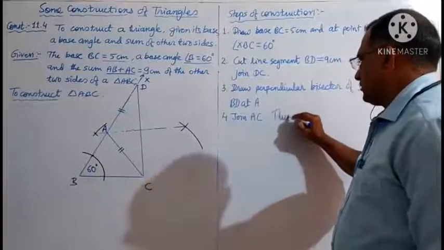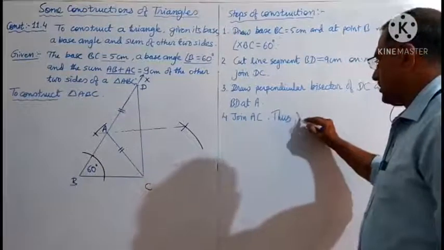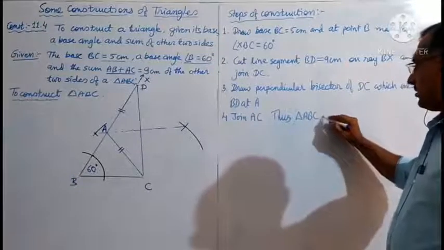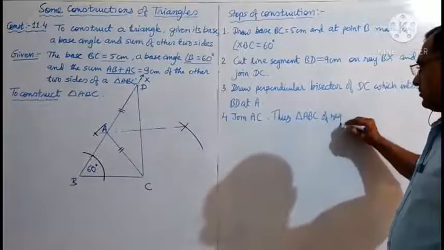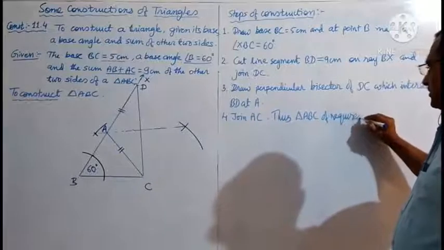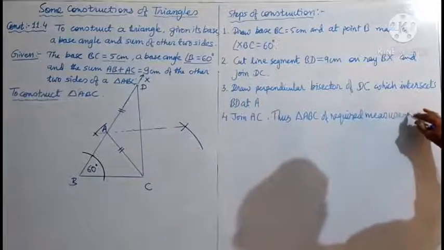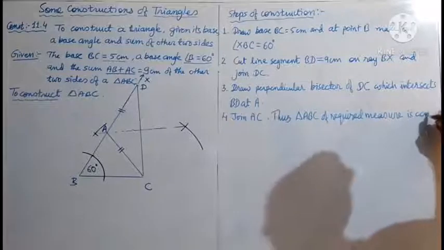Thus triangle ABC of required measures is constructed.